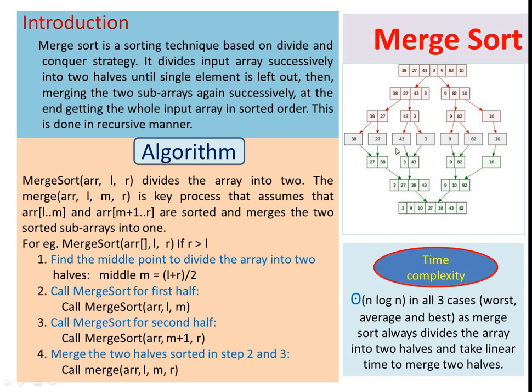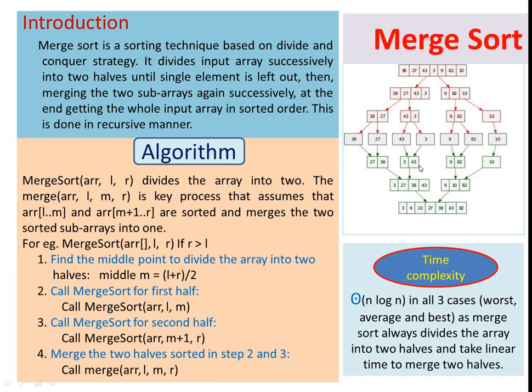Here, comparing 27 and 3, 3 is assigned to the output array and the pointer is incremented to the next element, 43, and the other pointer remains at 27. Now 27 and 43 are compared, 27 is lesser, so it is assigned to the output array and the pointer is incremented to the next element, which is 38.